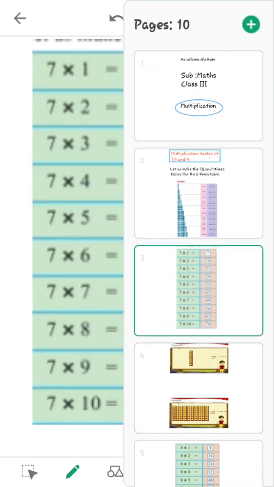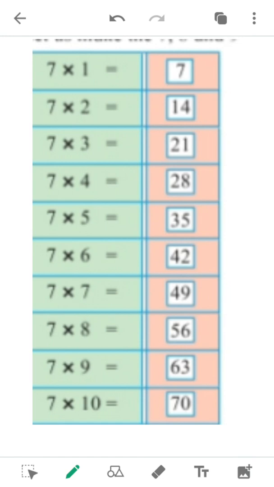7 times tables. 7 multiplied by 1 is equal to 7. Means 7 ones are 7, 7 twos are 14, 7 threes are 21.